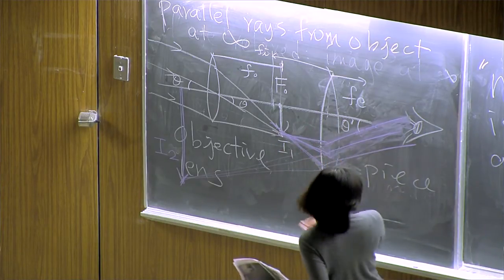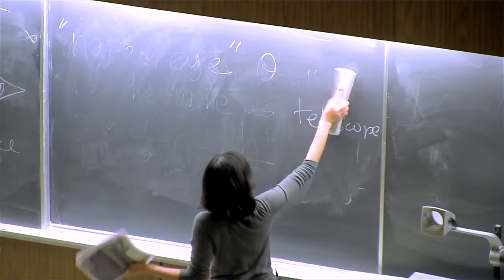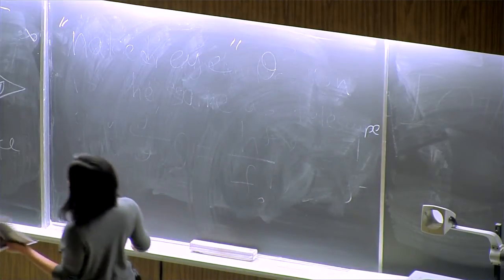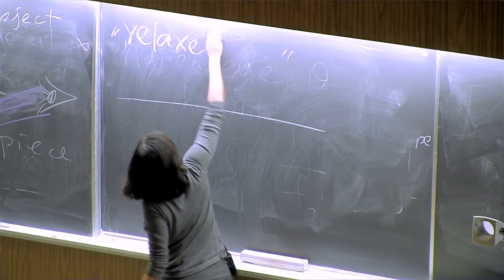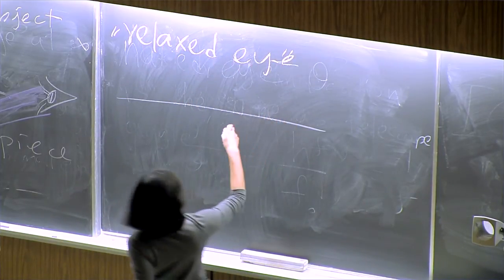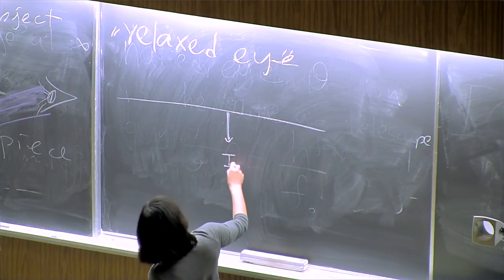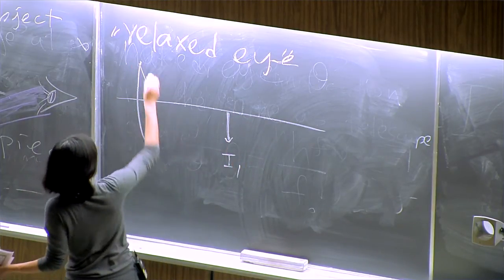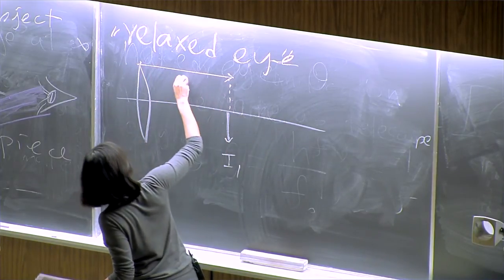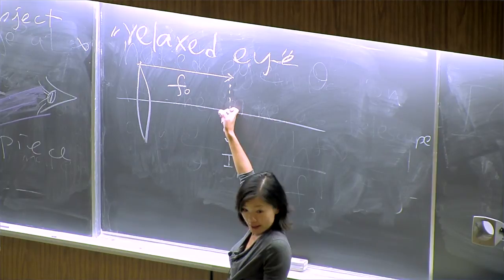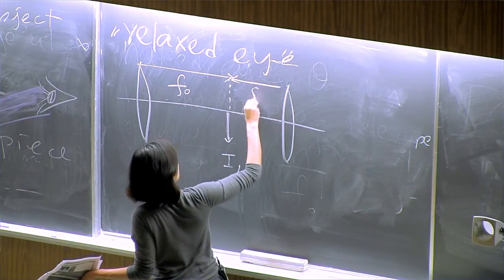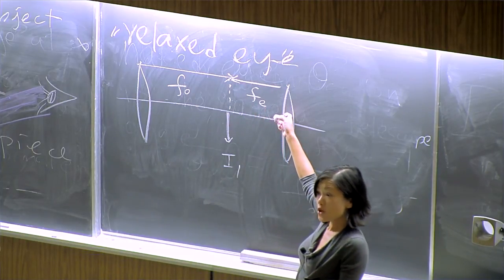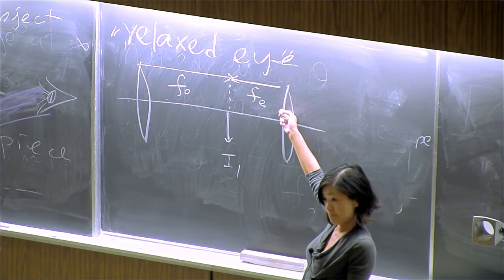So for a relaxed eye, this is your first image, I1. This distance is f0, the focal length of the objective lens. This is f sub e, the focal length of your eyepiece.